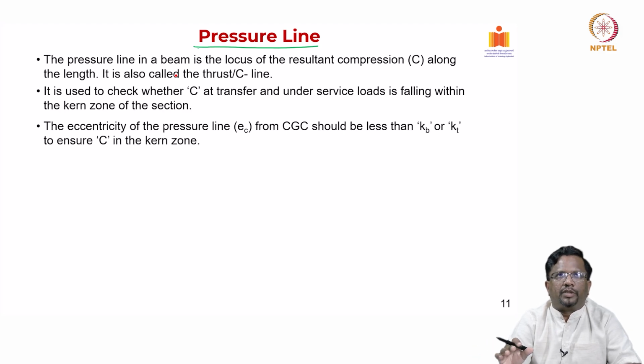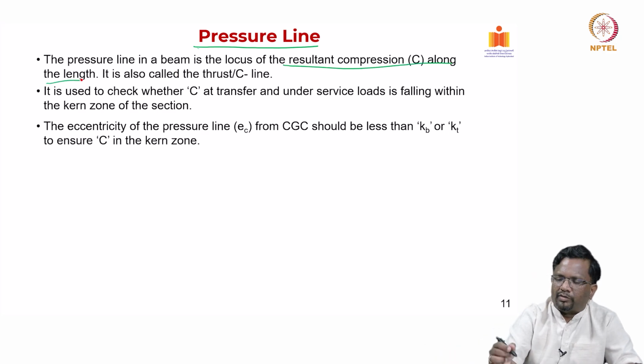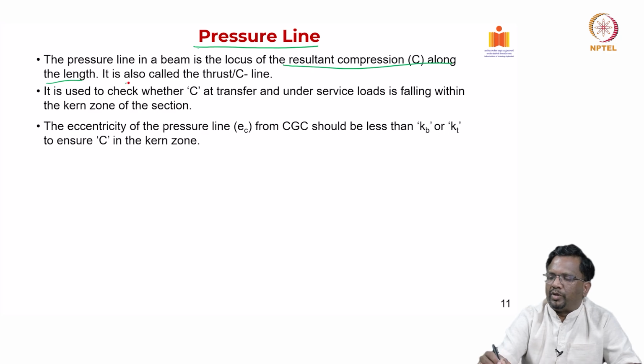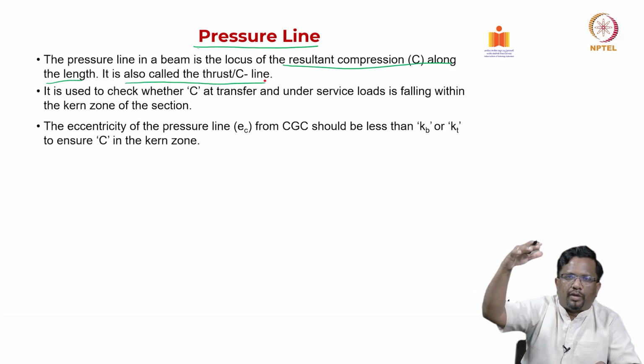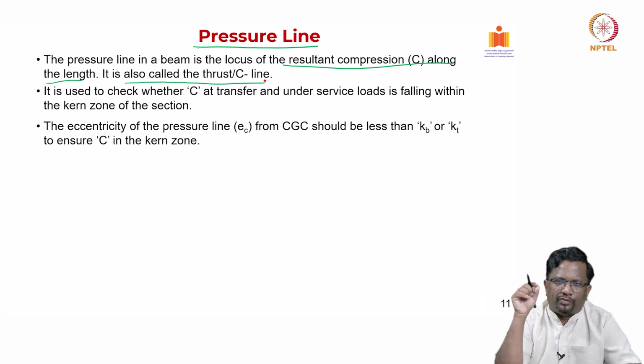Now, let us see what the pressure line is. The pressure line in a beam can be defined as the locus of the resultant compression force along the length of the beam. It is also called the thrust line. So, for a particular load, you find out along the length of the beam where the locations of this compression force are.